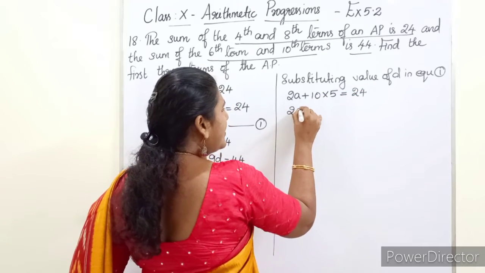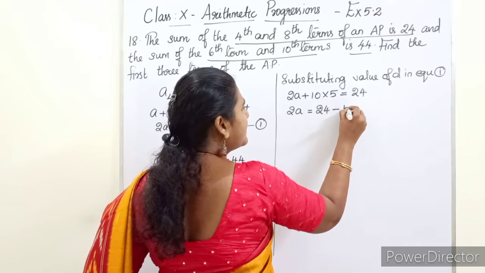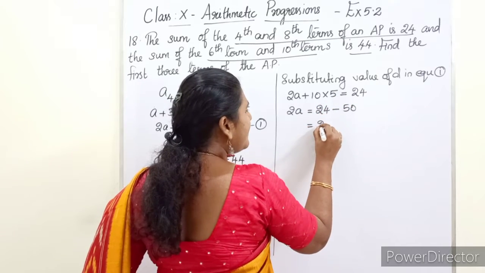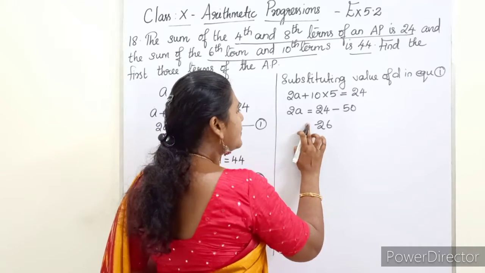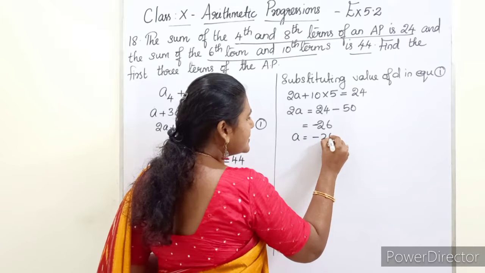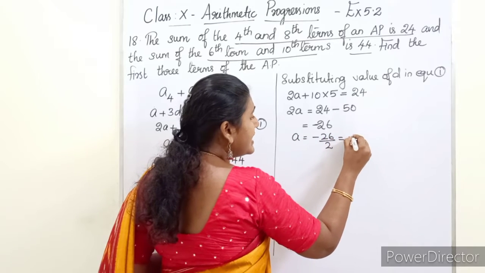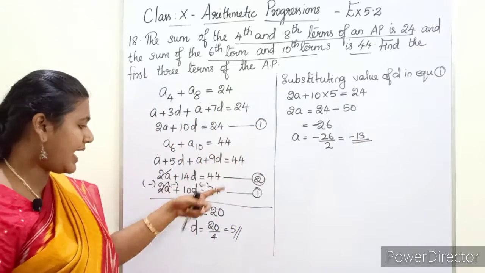So we will find out a value. 2a is equal to 24 minus 50. So when we simplify you will get minus 26. So 2a is equal to minus 26. So a is equal to minus 26 divided by 2 is equal to minus 13. So we got the value of a and d.